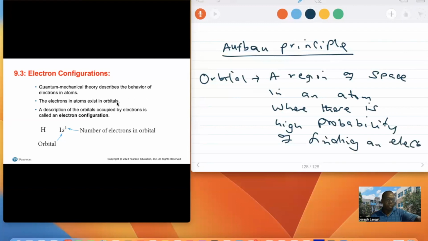That is the definition of an orbital. We defined that earlier on.